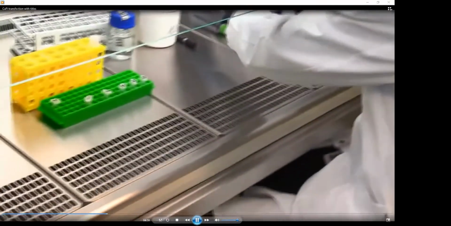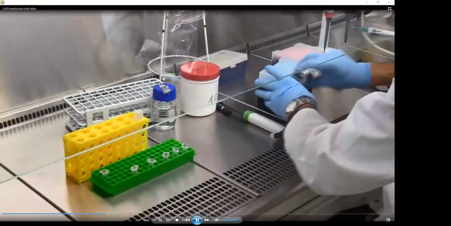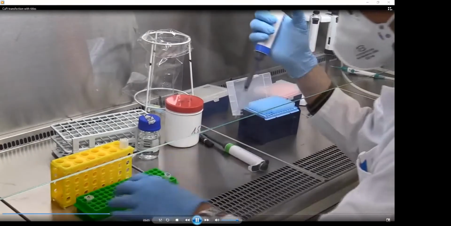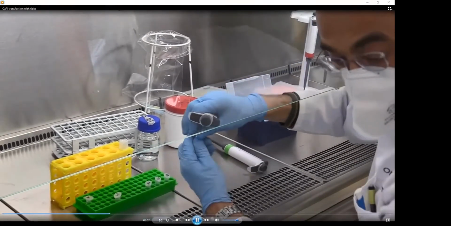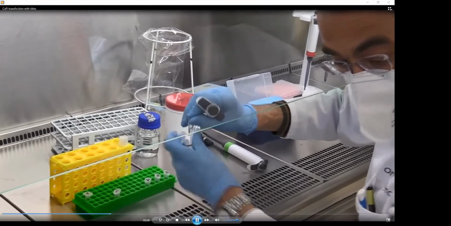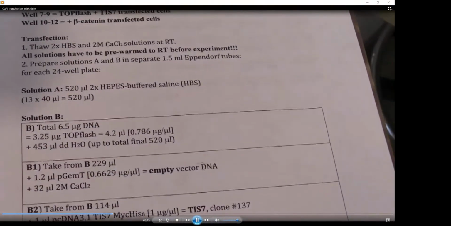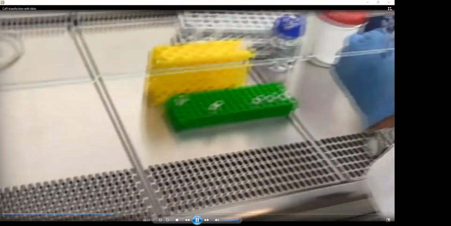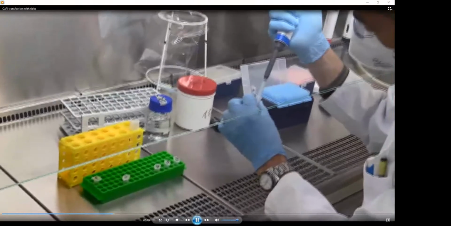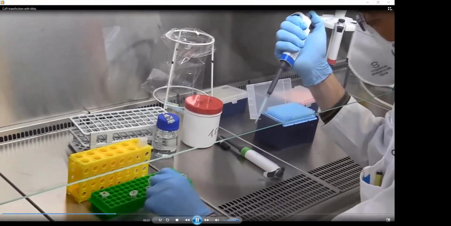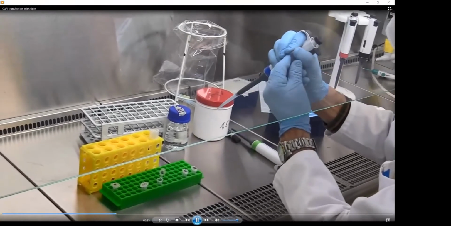So then you take a part from the sample which you have prepared and labeled B, and you put it into this B1. B1 is a doubled amount because this will be used also for one sample which will be stimulated using lithium chloride.